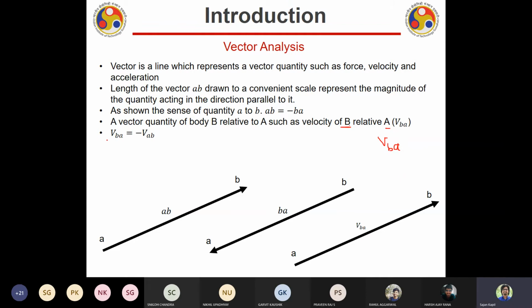Correct? And VBA will be equal to, of course, minus VAB. We know that. So velocity of B with respect to A is represented by this vector. In the vector form, I can write it as AB. That is just completely opposite.